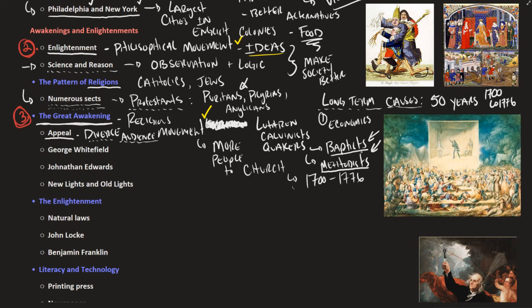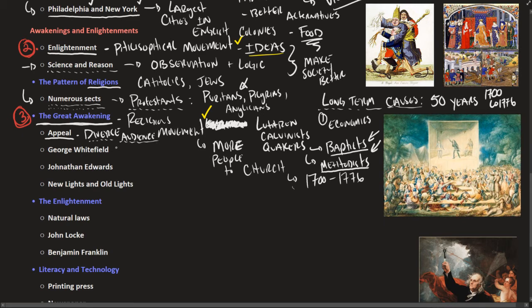A lot of slave masters, inspired by this awakening movement, feel the pressure more intensely to convert their slaves to Christianity. So it's not just that more people are being brought into churches, it's that the makeup of those people is becoming much more diverse in nature.